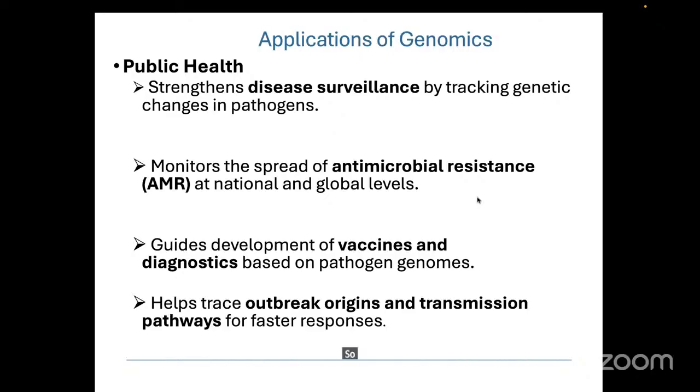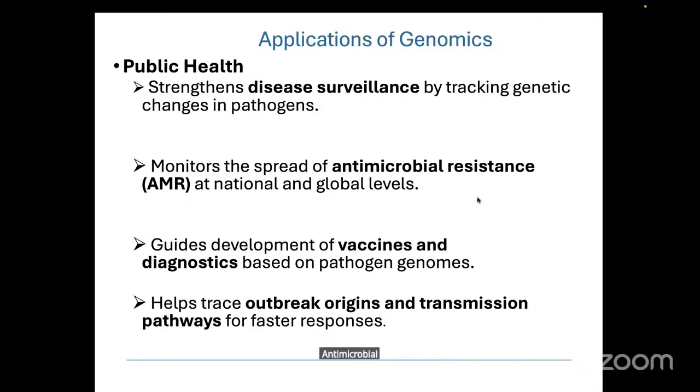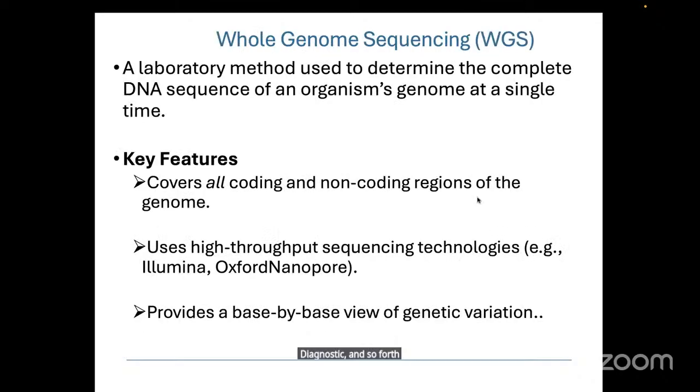So sometimes when they declare an outbreak, they do the sequencing and use genomics to track changes in pathogens, monitor antimicrobial resistance, and guide development of vaccines, diagnostics, and so forth.